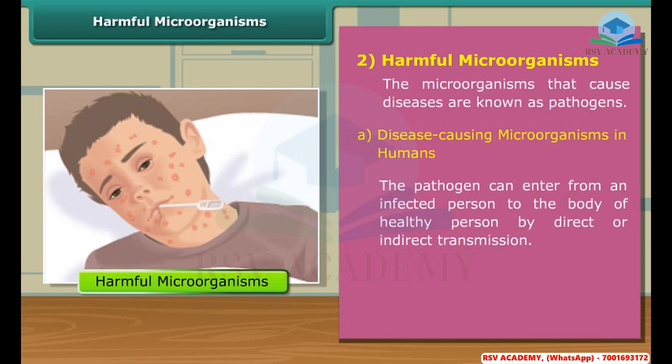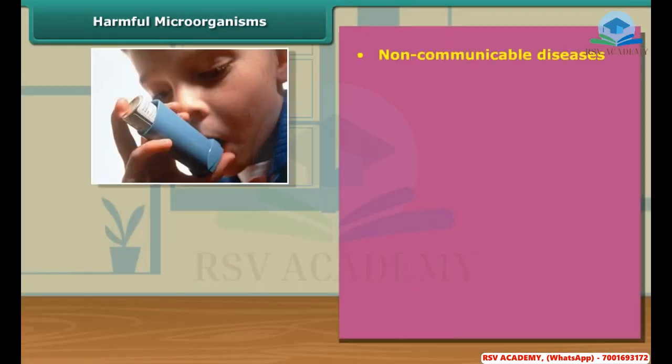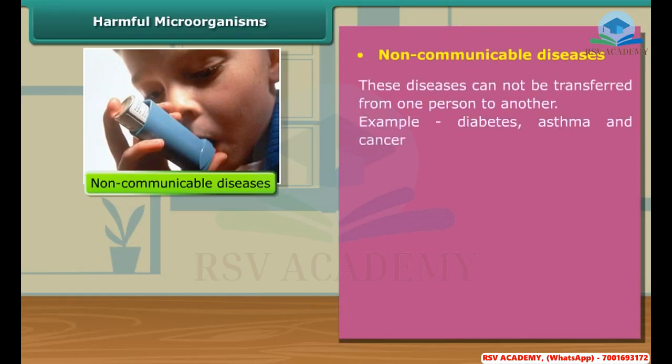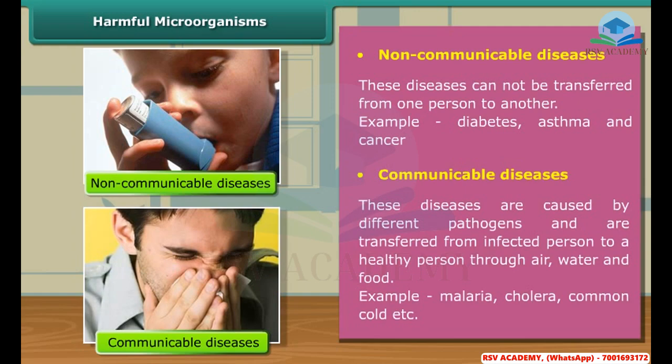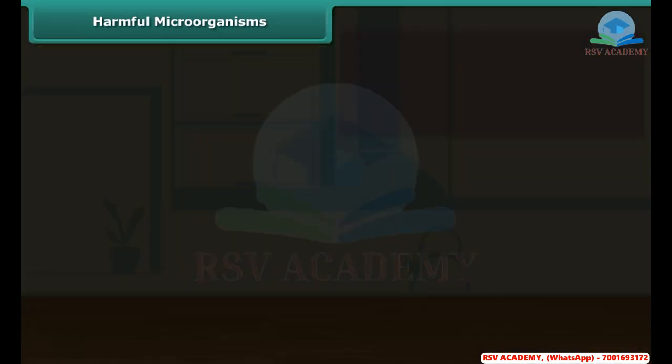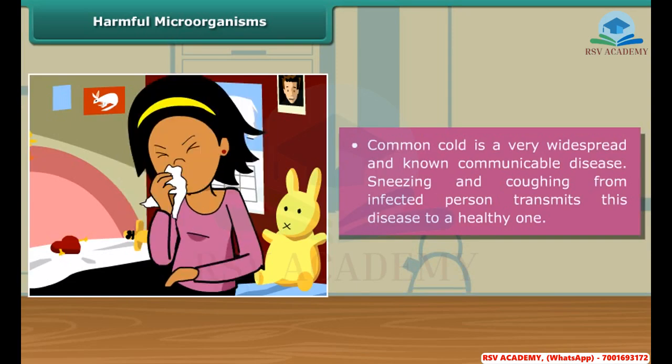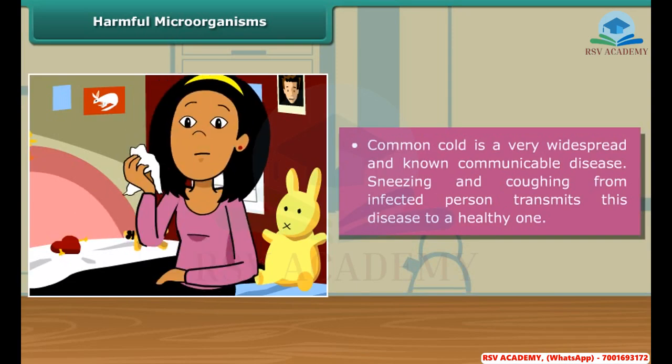We can classify diseases into two categories: non-communicable or non-infectious diseases, and communicable or infectious diseases. Non-communicable diseases cannot be transferred from one person to another, while communicable diseases are transferred from an infected person to a healthy person by means of air, water, food, etc. The common cold is a very common example of a communicable disease.